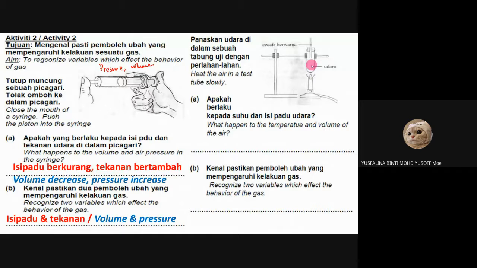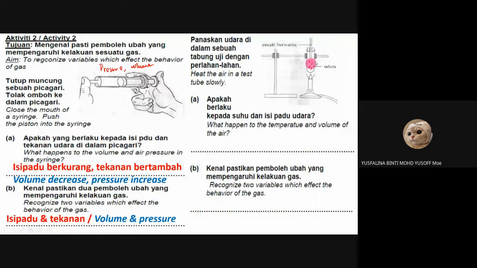For this one, the pressure is increasing, because this one is not volume, this is temperature and pressure. Because you heat up the air molecules here, what will happen to the kinetic energy? When you heat the air molecules, the kinetic energy will increase, which means they will move faster.